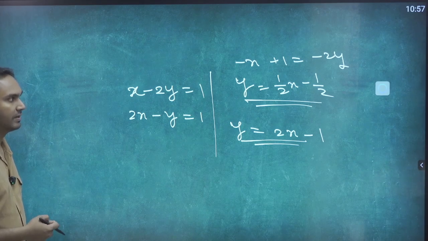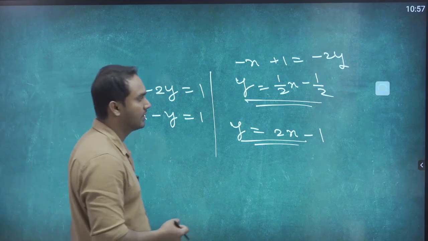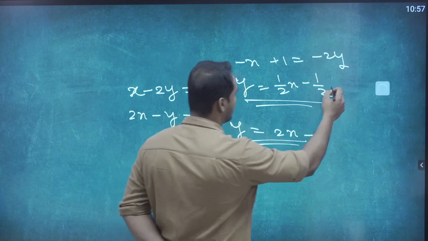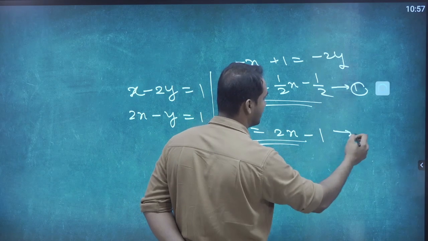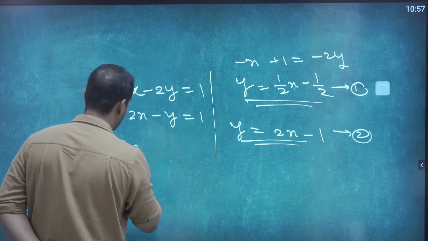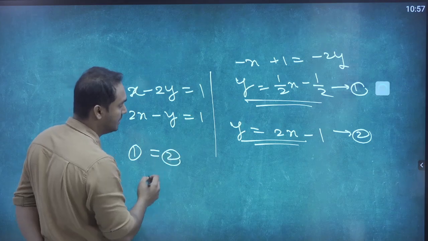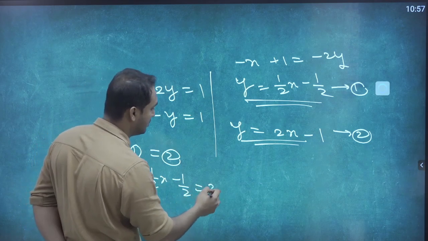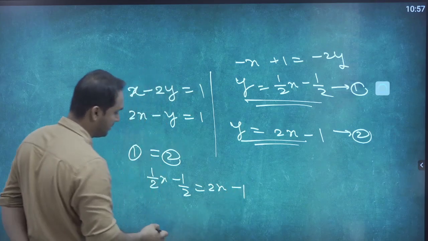Are the two y values the same? So you equate the two right-hand sides, so you can find x. So half x minus half equals 2x minus 1.